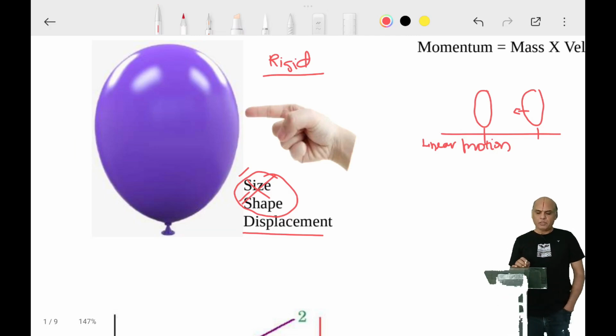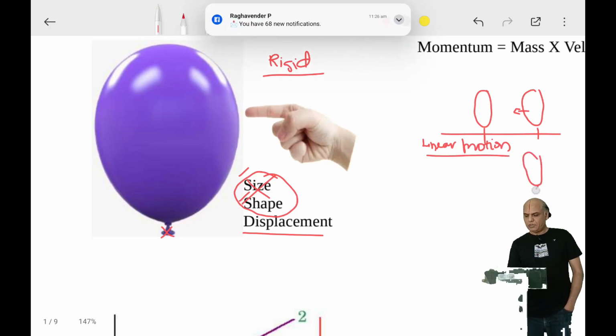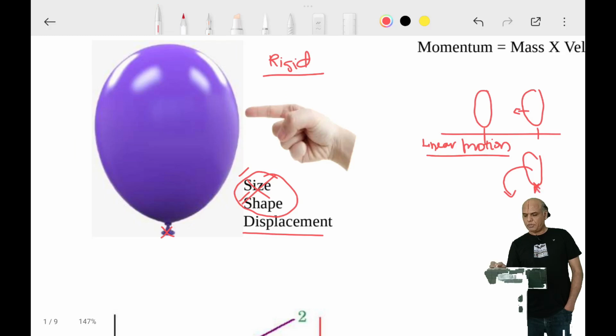Okay, but suppose the balloon is pivoted at this point and is not free to move, then the balloon will not undergo linear motion. Since it is pivoted here, it will tend to rotate about this pivoted point.